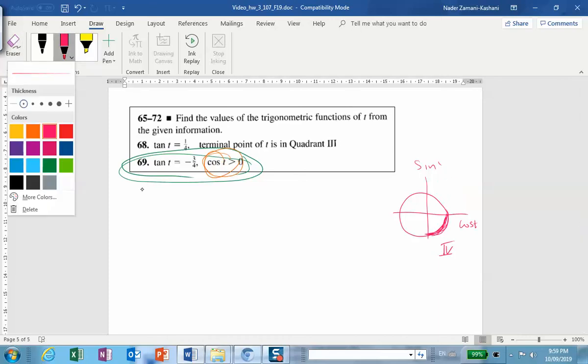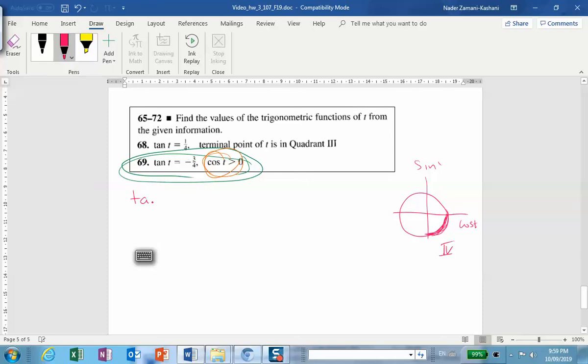All right, and we just have to follow exactly the same steps as before. In other words, first of all, if tangent is minus 3 over 4, this is easy. That means cotangent is minus 4 over 3. It's the reciprocal of that.